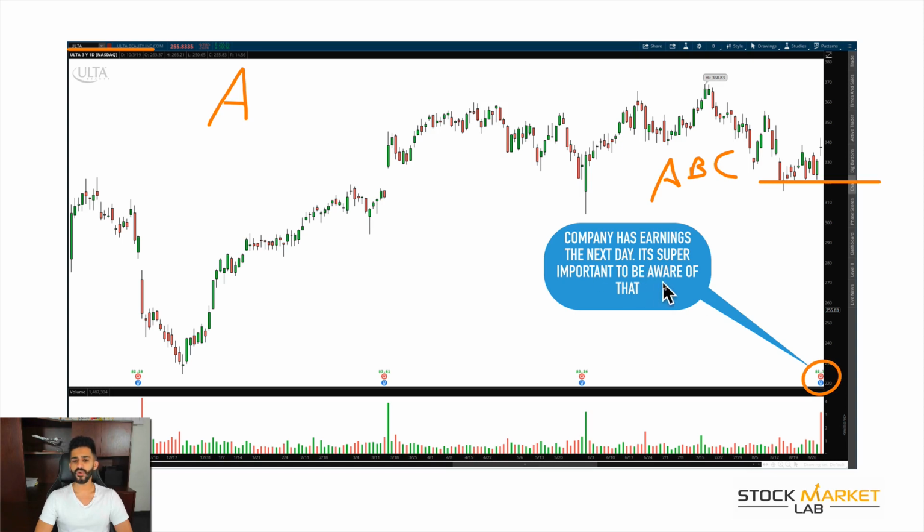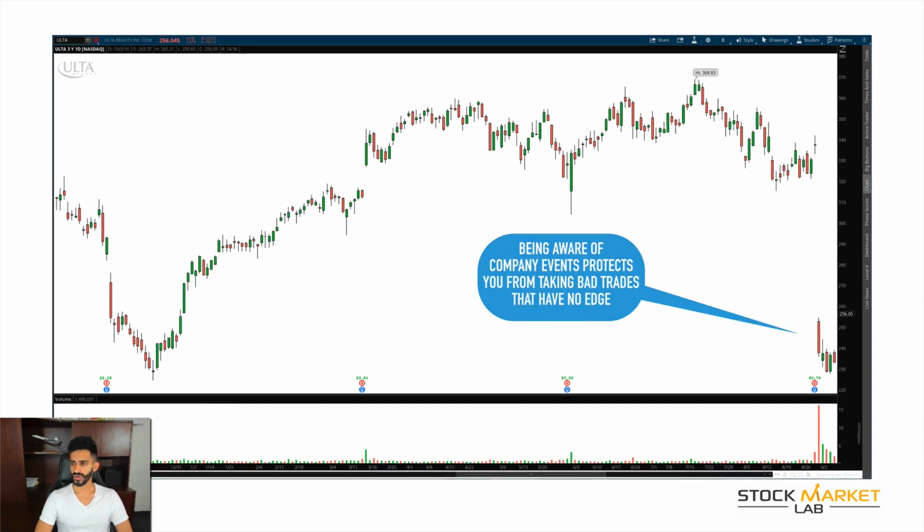And it's super important to be aware of that. So you as a trader, let's say you want to trade this today or tomorrow, you need to be aware that if you hold this overnight, there is earnings. There are earnings happening. So you need to be aware of that information, because if you're not aware, you will at times get caught up in a bad trade. That is the next day and the following days after.